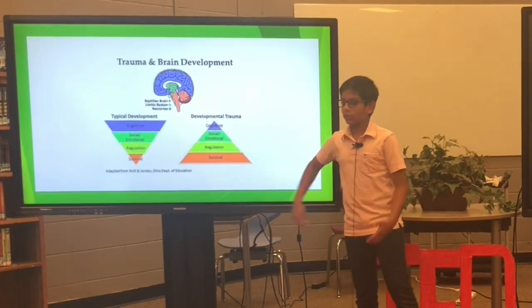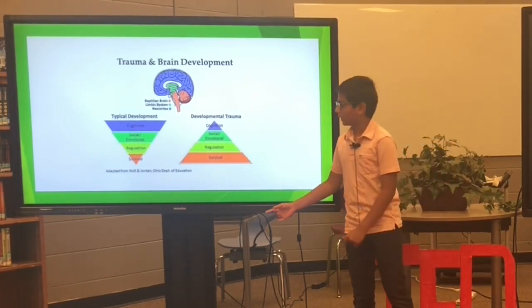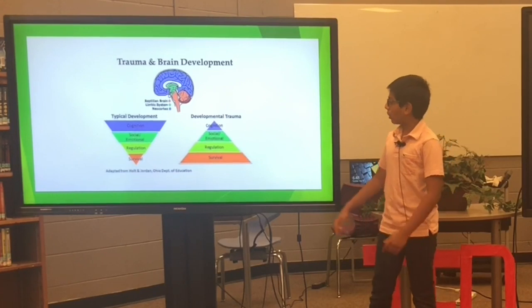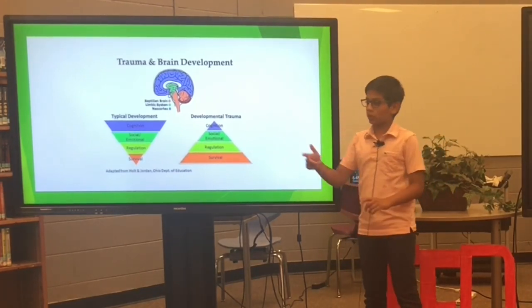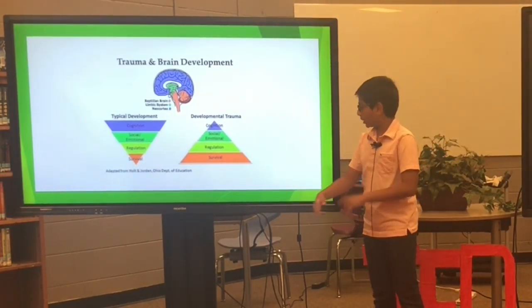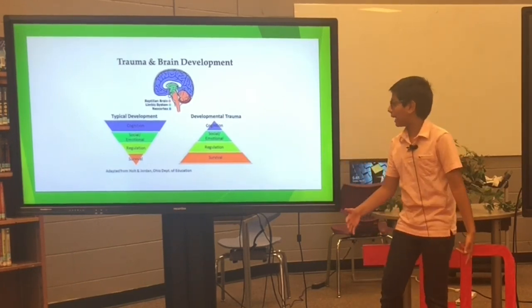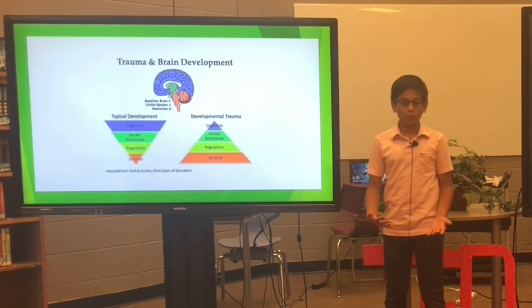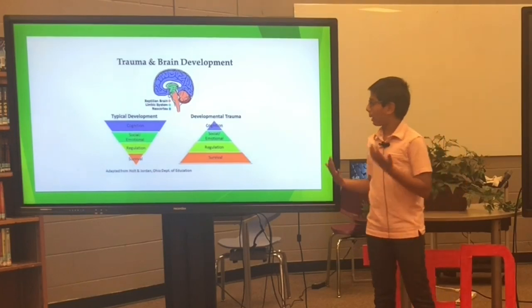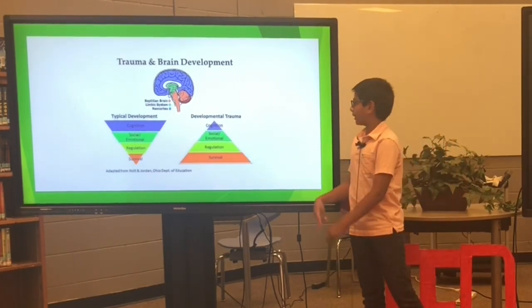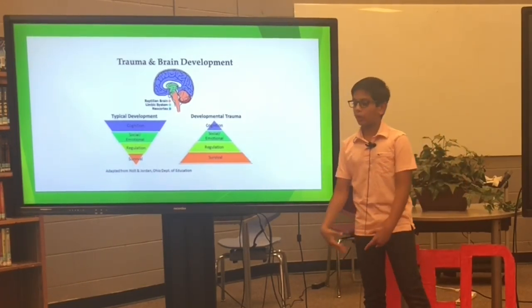Then regulation is my body working, and survival is, am I alive? When you hurt your brain, it switches around and you're worried about the opposite things. Survival: am I alive? Or regulation: is my body working? Is my heart beating? Am I breathing? And then you don't really think about social and cognition as much when you're hurt.